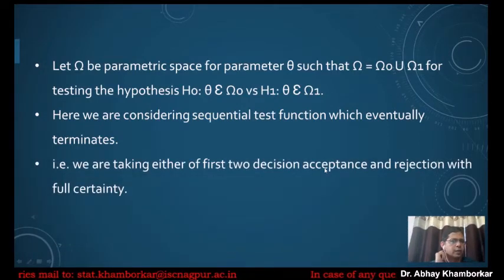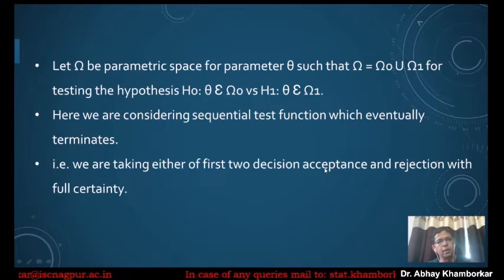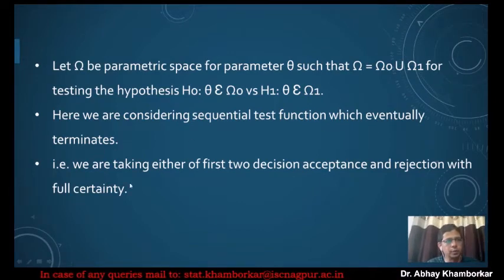That is, we are taking either of the first two decisions, because the process will terminate only when you either accept the hypothesis or reject the hypothesis. So we are taking either of the first two decisions, that is acceptance and rejection, with full certainty. That is what I mean by full certainty, right?